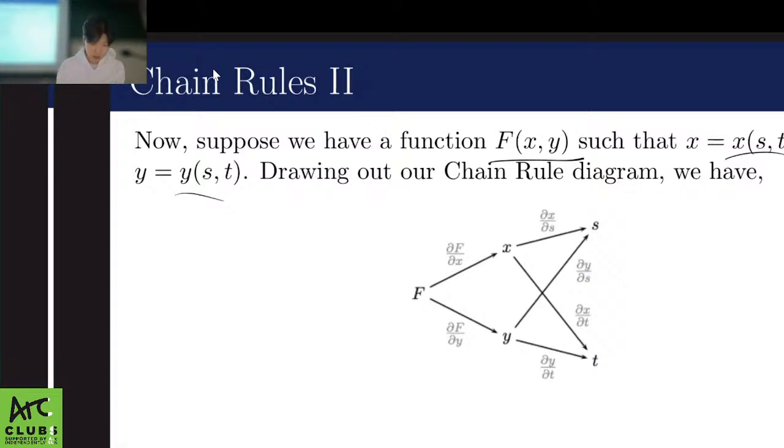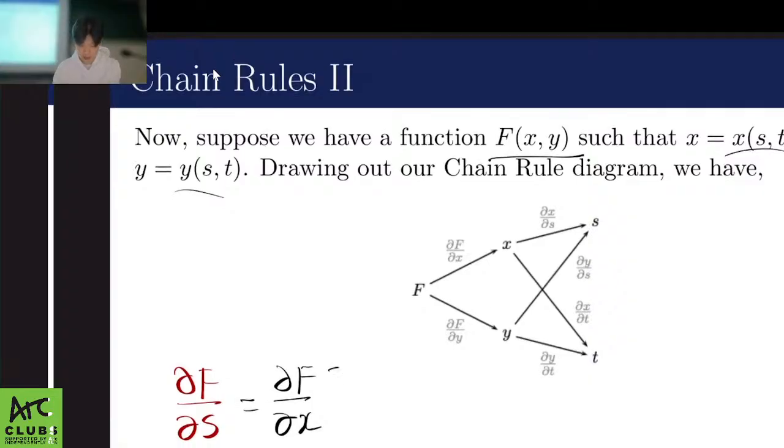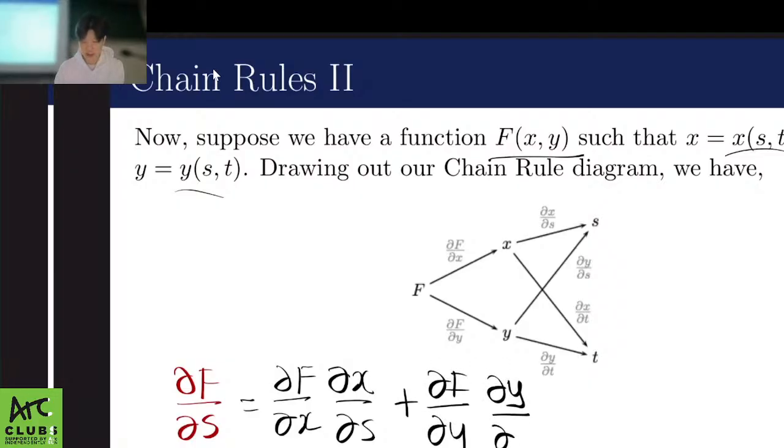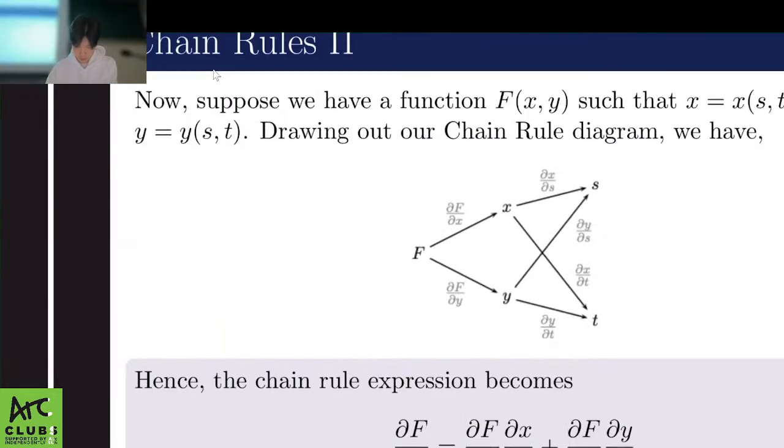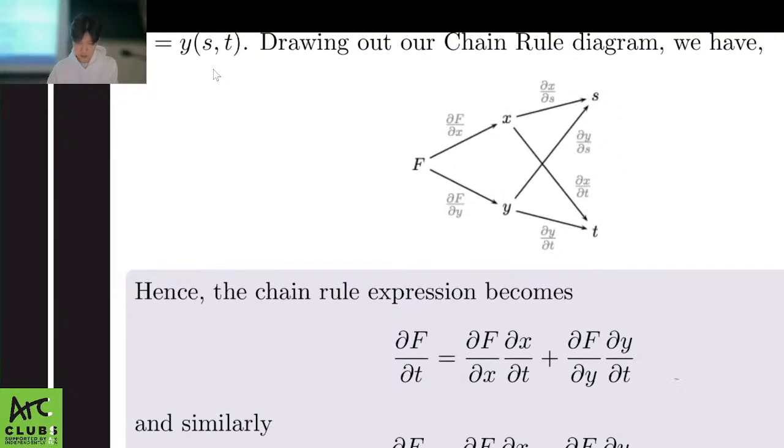If I want to go from f to s, so say partial f with respect to s, I can go to x first, and then I can go from x to s, or I can go down to y, and then I can go back up to s. So this is how we intuitively find the chain rule. This is for t. We can go up to x, down to t, or we can go down to y and then down to t as well.